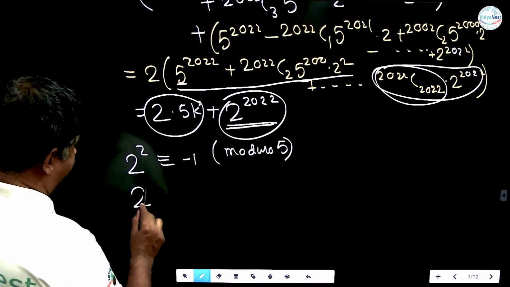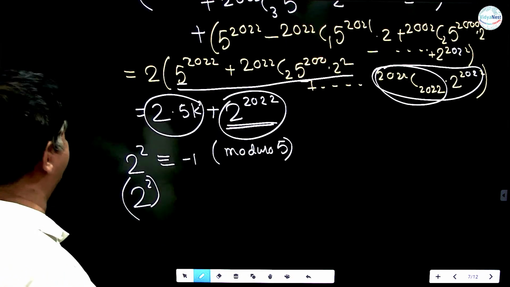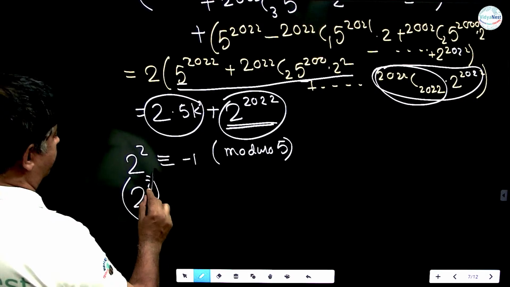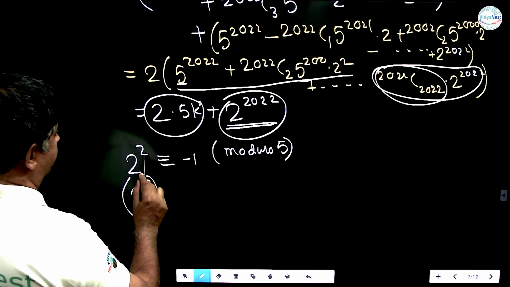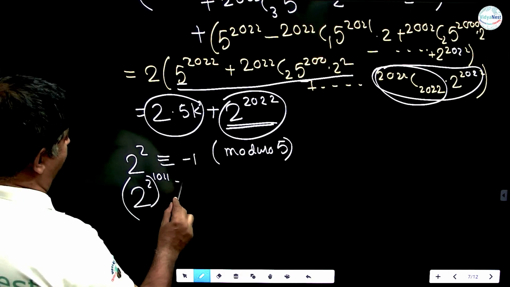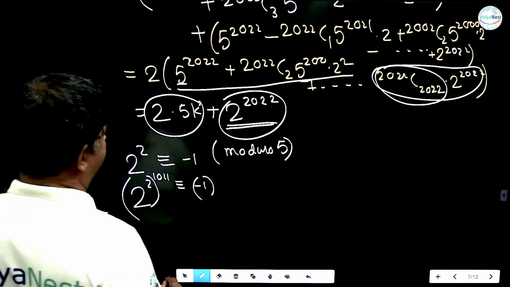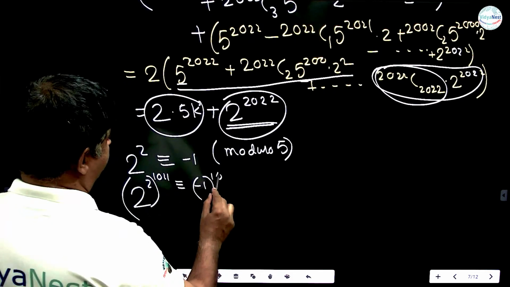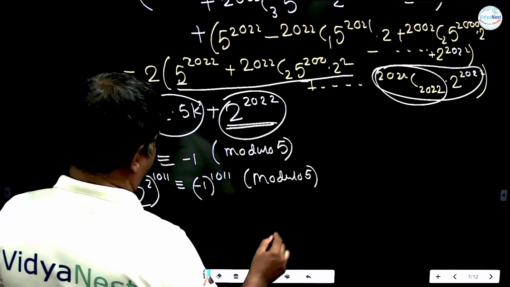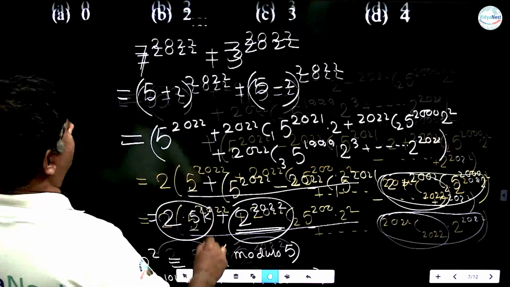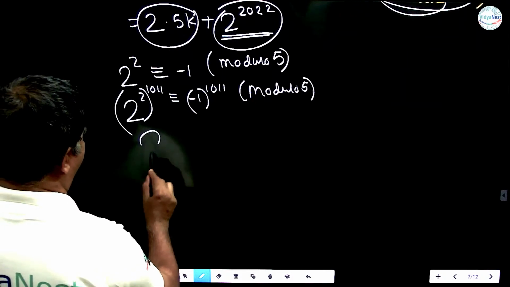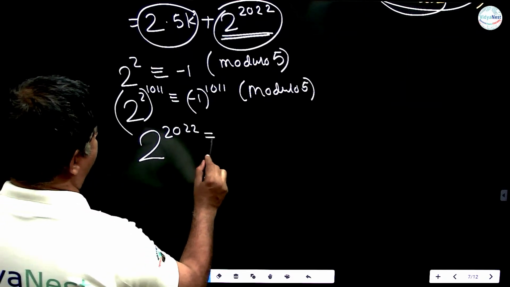Now you take the 1011 power on both sides. Just 1 minute. See, 2 to the power 2022 is congruent to -1.